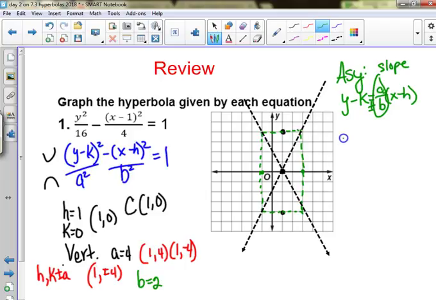Y minus k is just y. Plus or minus a over b. Be careful. It's not 16 over 4. It's the square root of 16 over the square root of 4, which is 4 over 2 or 2. And that should have a plus or minus. And then x minus h was x minus 1. And you can just leave it. All right, so it went through this point and it's going up 2 and over 1.